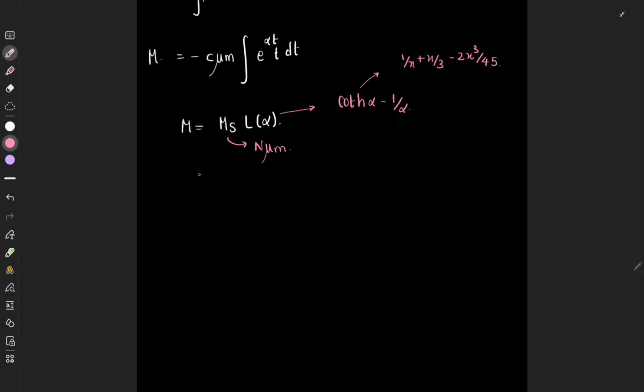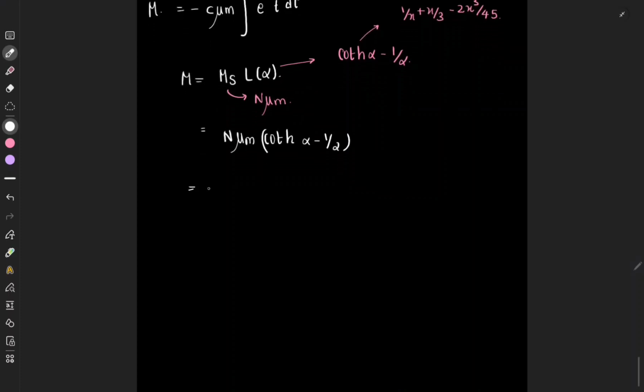You just have to substitute it here, so it becomes n nu m times coth alpha minus 1 by alpha. Substituting the value of coth, 1 by x plus x by 3, oh sorry, not x, here the x is alpha, so 1 by alpha plus alpha by 3.